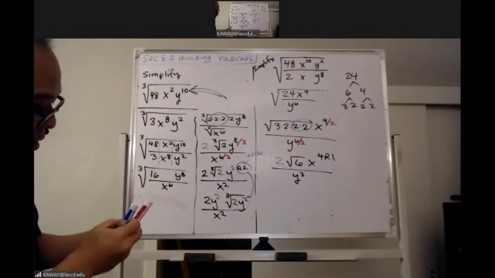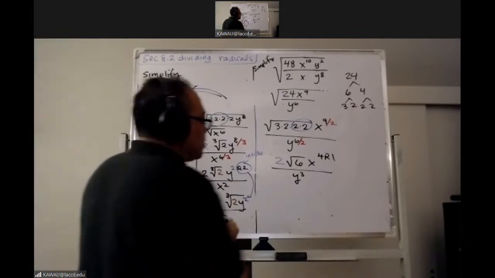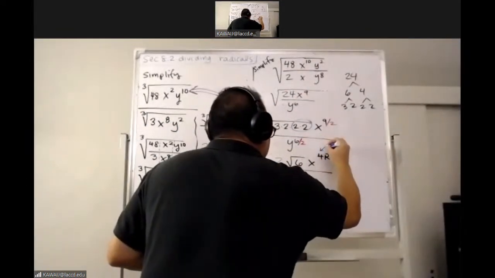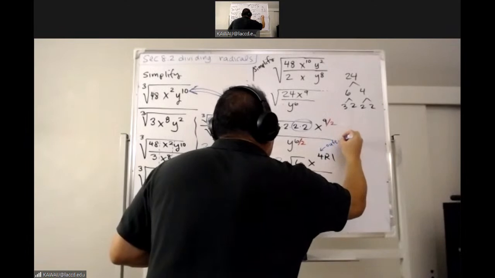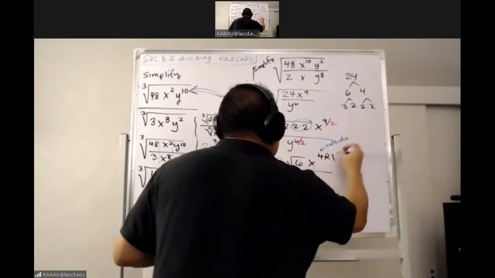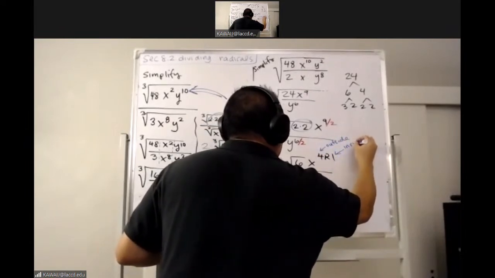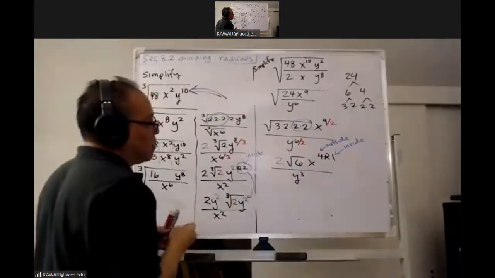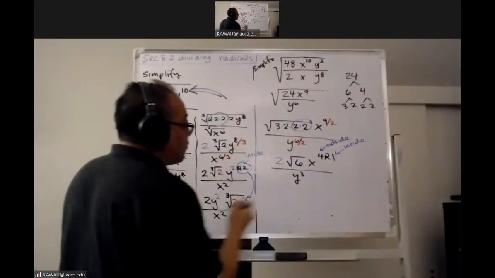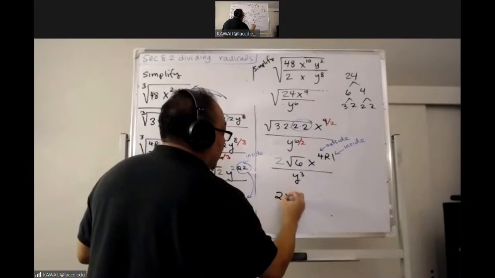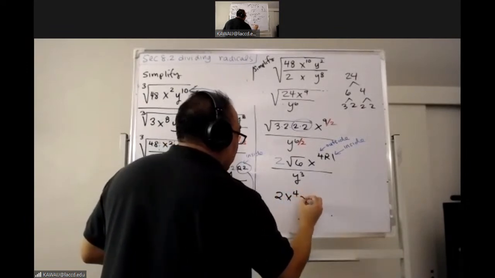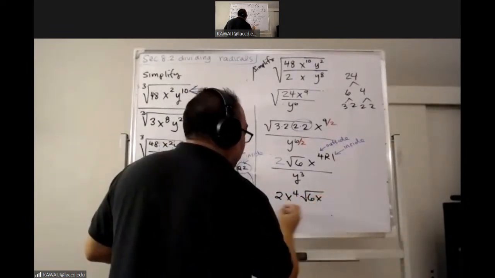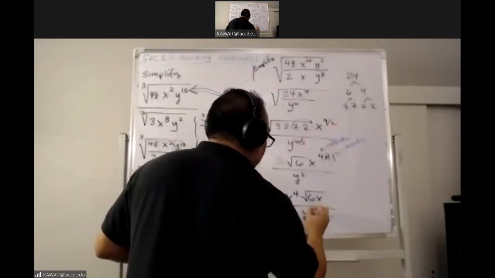Okay. Now, this tells me how many are on the outside. This tells me how many x's are on the inside. So I have 2x to the 4, square root of 6x, y cubed like that.